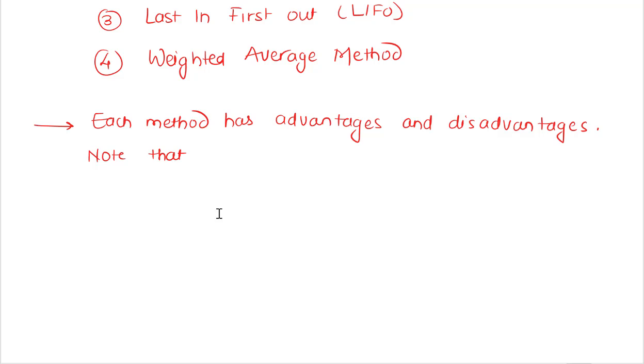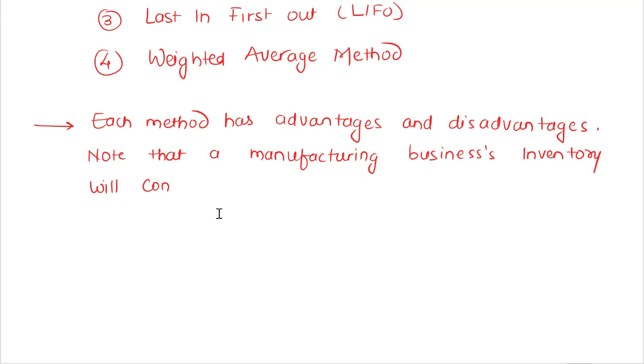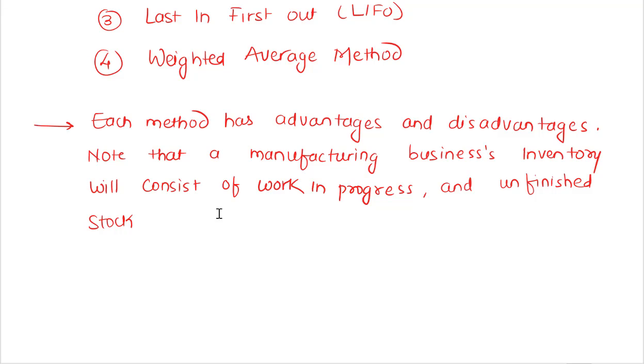Note that a manufacturing business inventory will consist of work in progress and unfinished stock of goods and finished inventory.